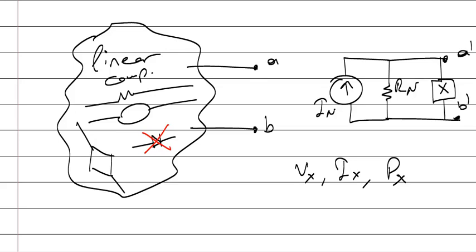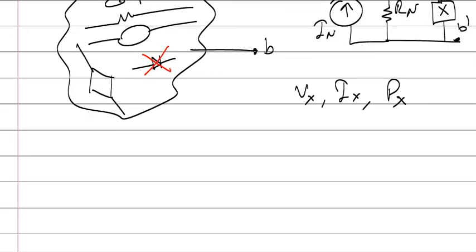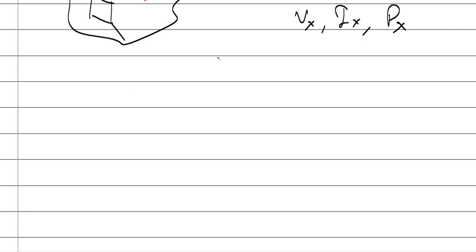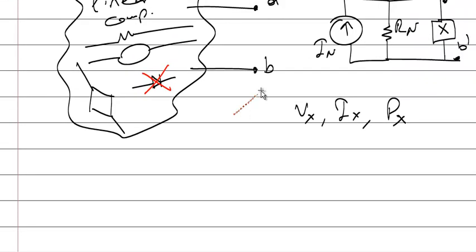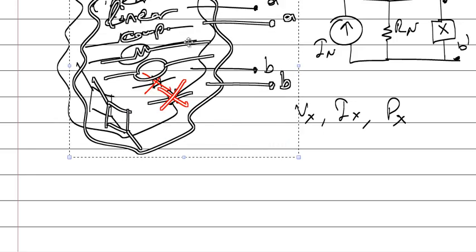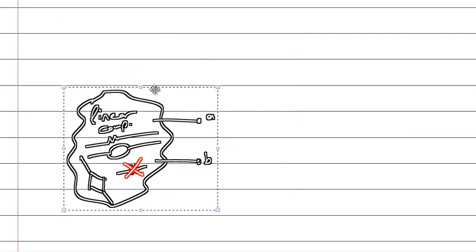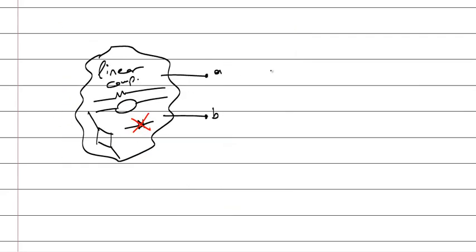So it's important to find the proper Norton current and Norton resistance. So what you do is to calculate 2 values of the circuit. You have to calculate what's the I Norton and R Norton of that circuit.